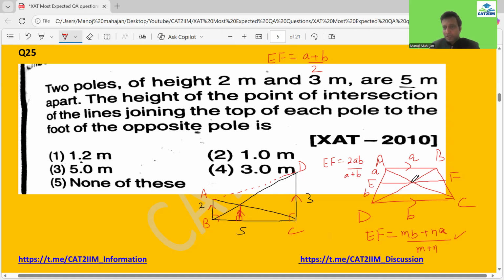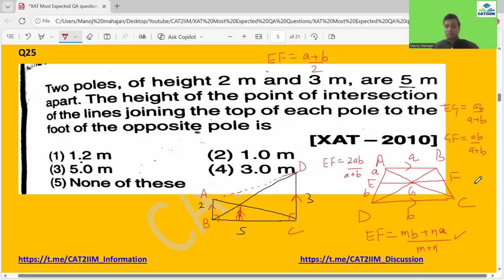So if you have this point, let's say G, in that case, if you calculate, EG would be A into B upon A plus B, and similarly, GF would also be A into B upon A plus B. You can use the basic similarity to get this. So you should know as a concept, right?